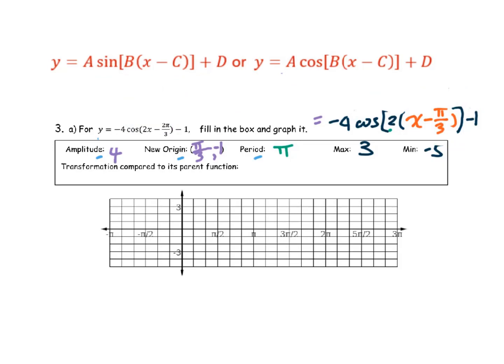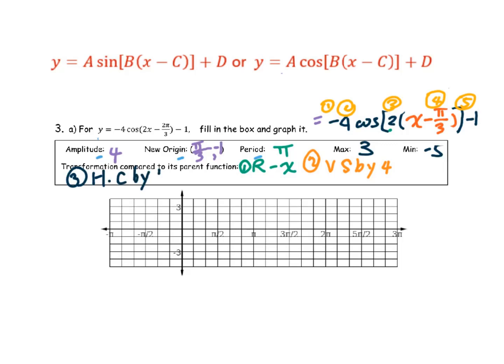For the transformation, you have 1, 2, 3, 4, 5 steps. First step, that's reflect across x-axis. Second step, that's vertically stretched by factor of 4. For third step, that's horizontally compressed by factor of 1 over 2.